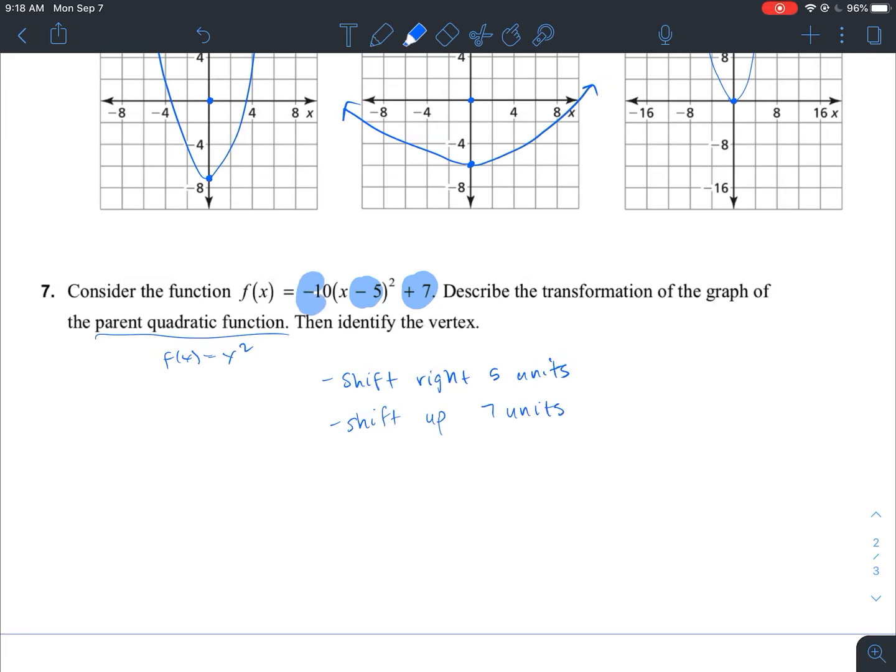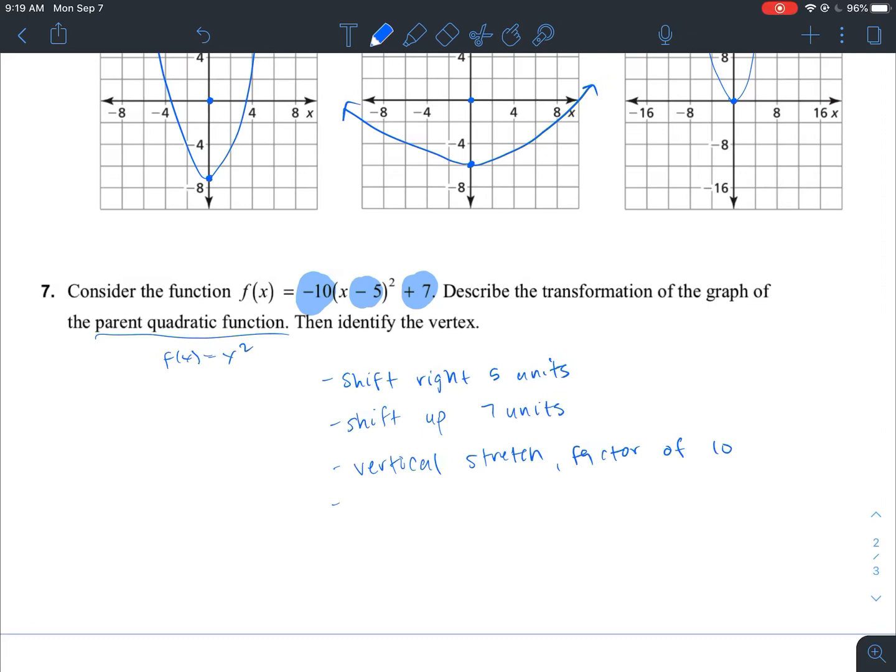And then right here, we're multiplying outside of the parentheses. So we have a vertical stretch by a factor of 10.